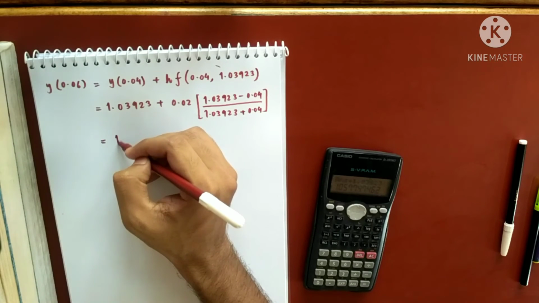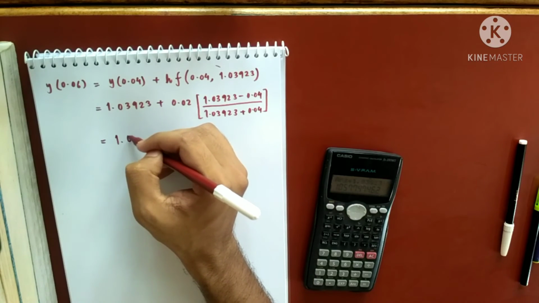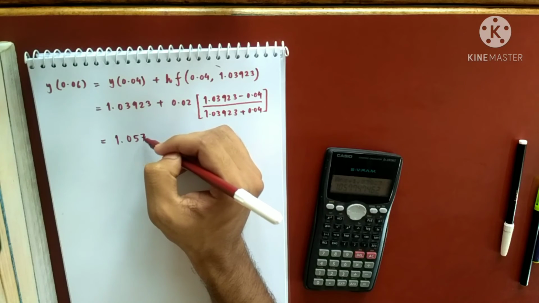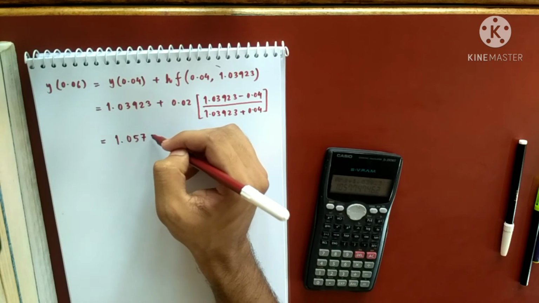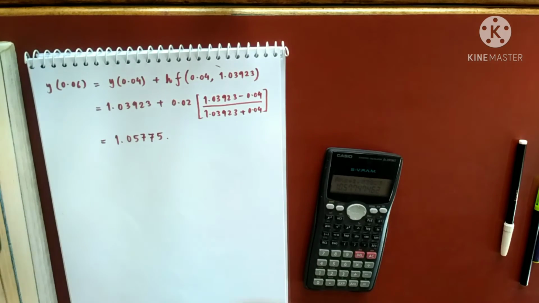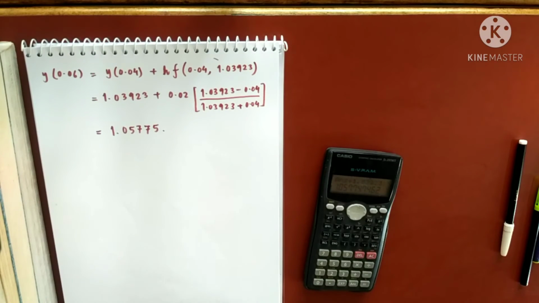I am getting here 1.05775 after rounding up to 5 decimal places. You may check, you must get something like this.